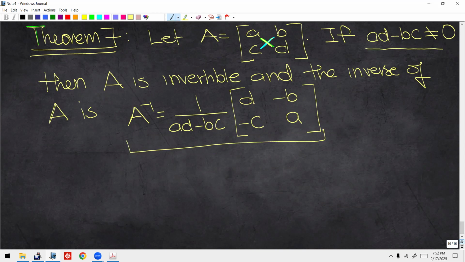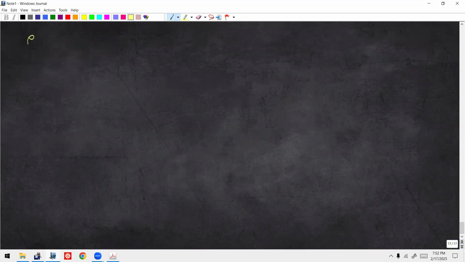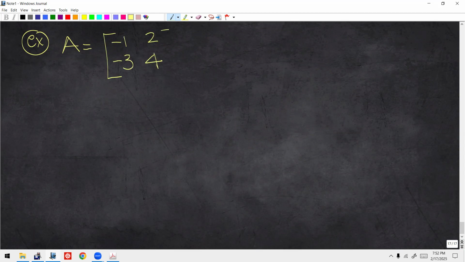For a 2 by 2. Here's a quick example. So let's say we have A is equal to negative 1, 2, negative 3, 4. Okay. So the first thing we're going to do is, actually, hold on. Let's change this a little bit.